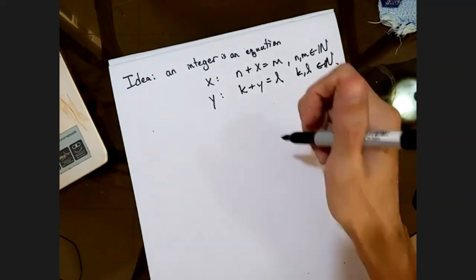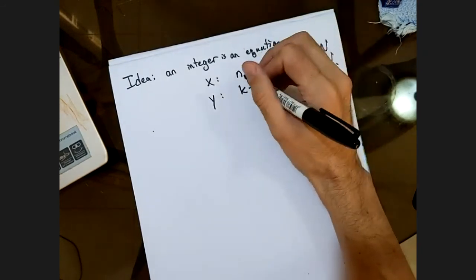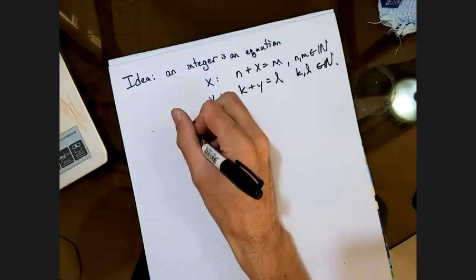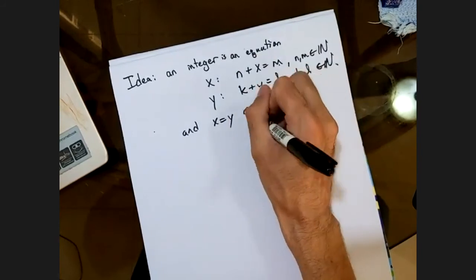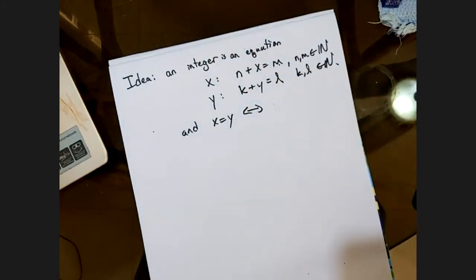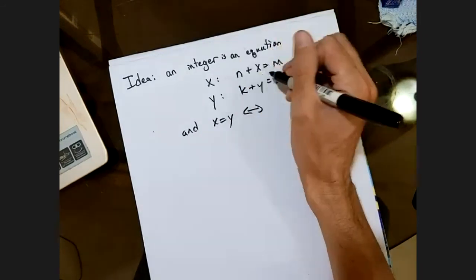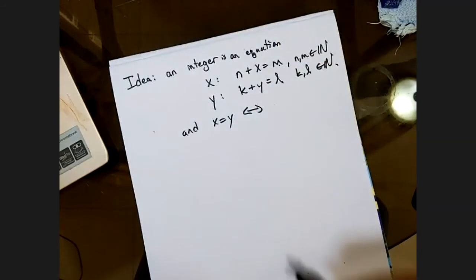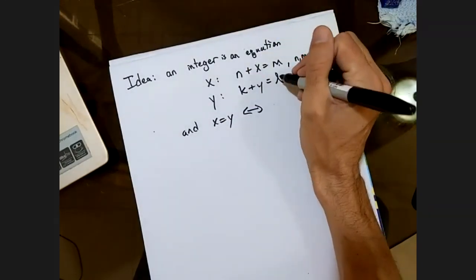And then two integers are going to be equal if m minus n equals L minus k, and x equals y if and only if, you rearrange everything, m plus k equals L plus n.